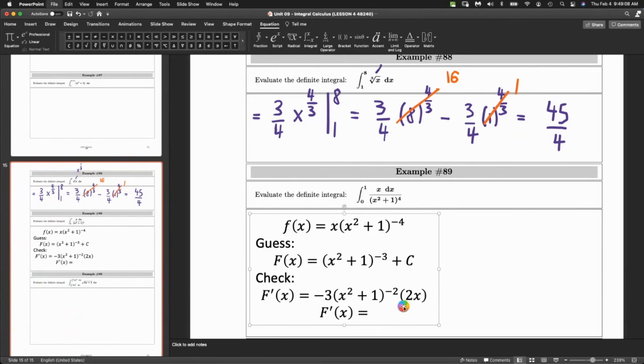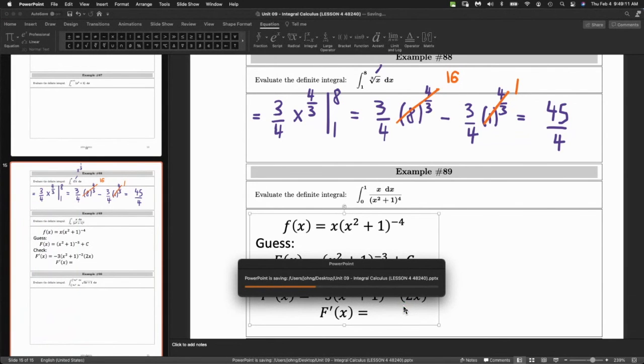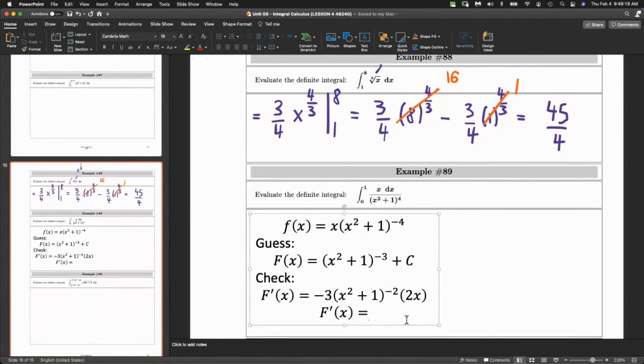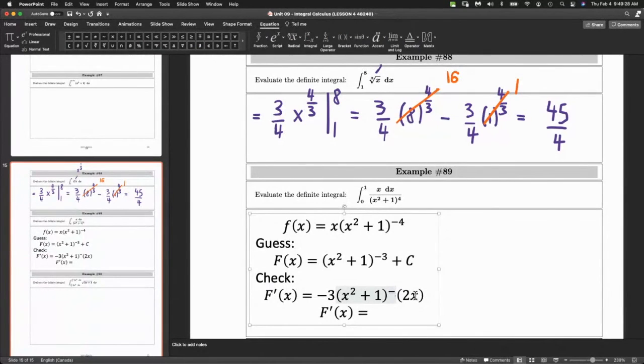Very good, Yazan. I'm just looking here. Negative 4. My apologies there.